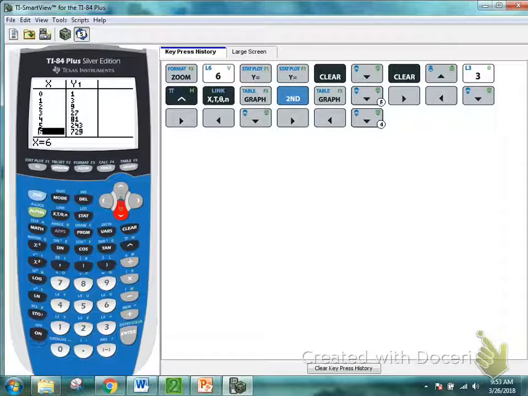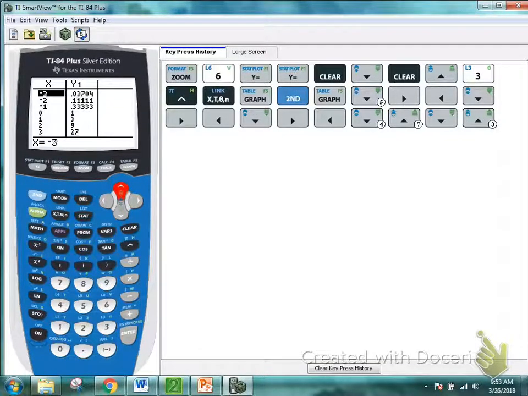All right, let's go the other way now, down to the negative side. When you plug -1 in, that's going to give you 0.33333, also known as what fraction? 1/3. When you plug in -2, it's going to give you 0.11111, which is also known as 1/9. -3 gives you 1/27.